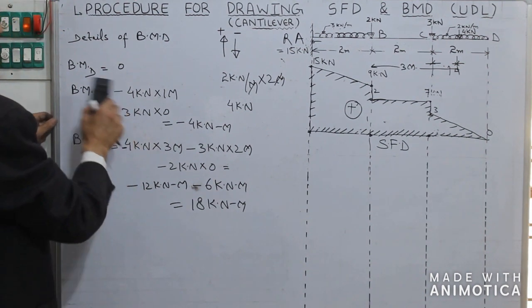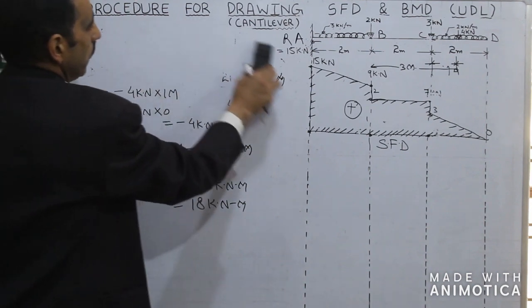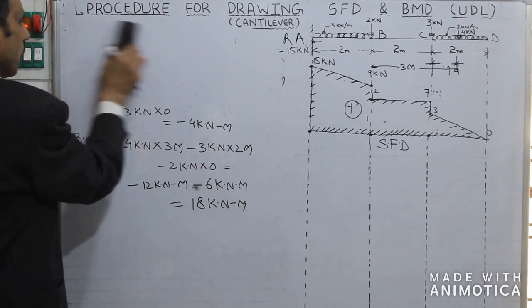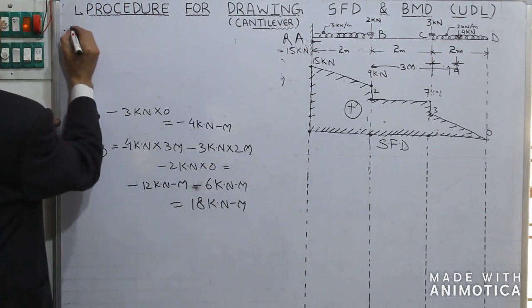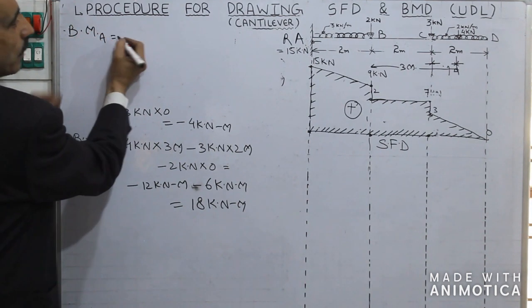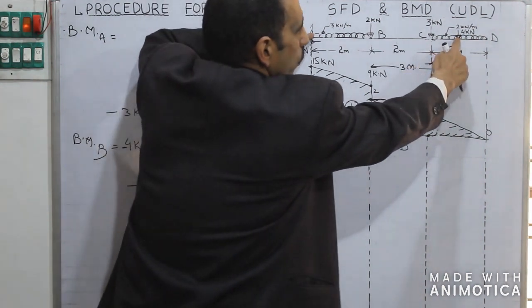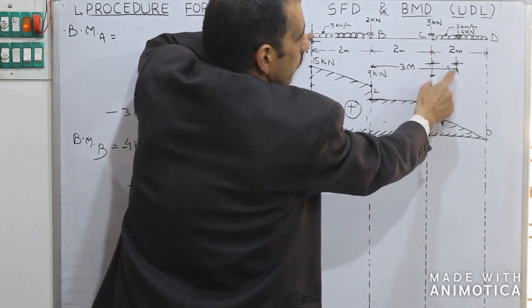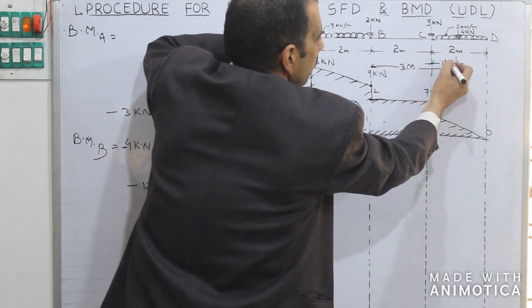After that, bending moment at A. See, what is the bending moment at A? First, 4 kilonewton is at a distance of 5 meters, because this was 1 meter.